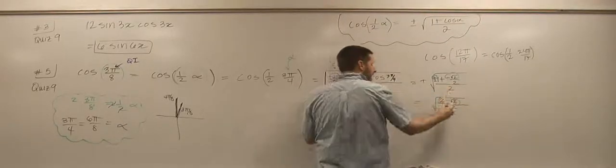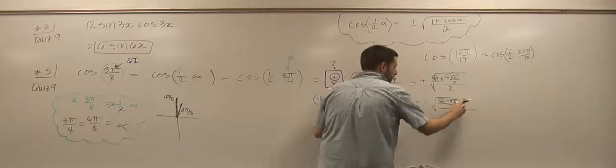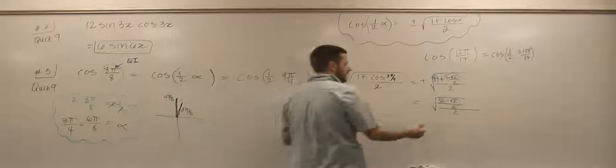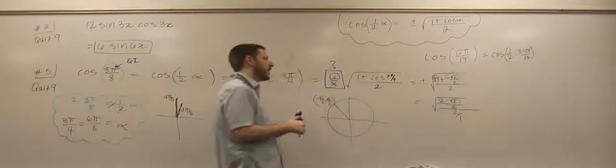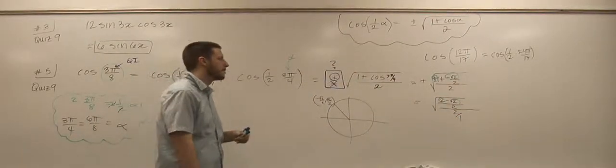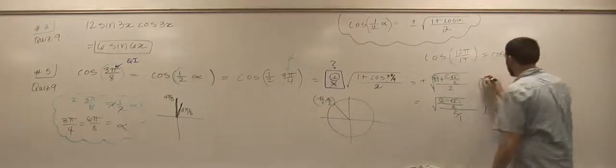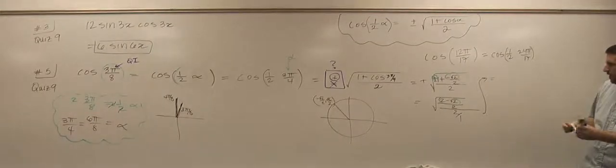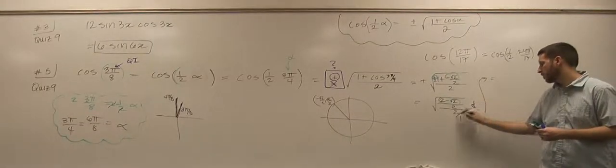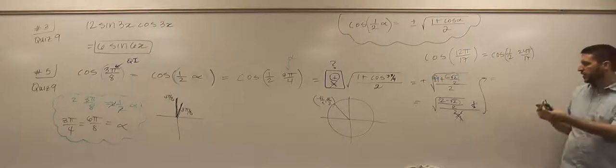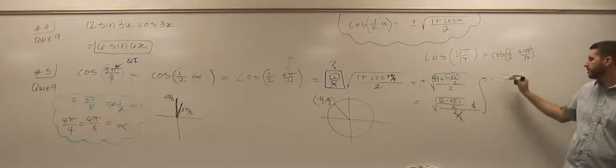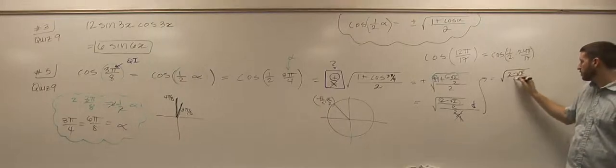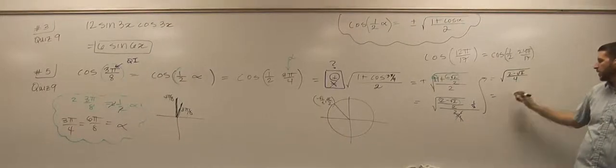And then all of that again is over another 2. This becomes 2 over 1. You flip and multiply. So when the 2 over 1 gets flipped up, it becomes a 1 over 2. So you get a 4 on the bottom and the same thing on top. And then when you do the square root of 4, you get 2.